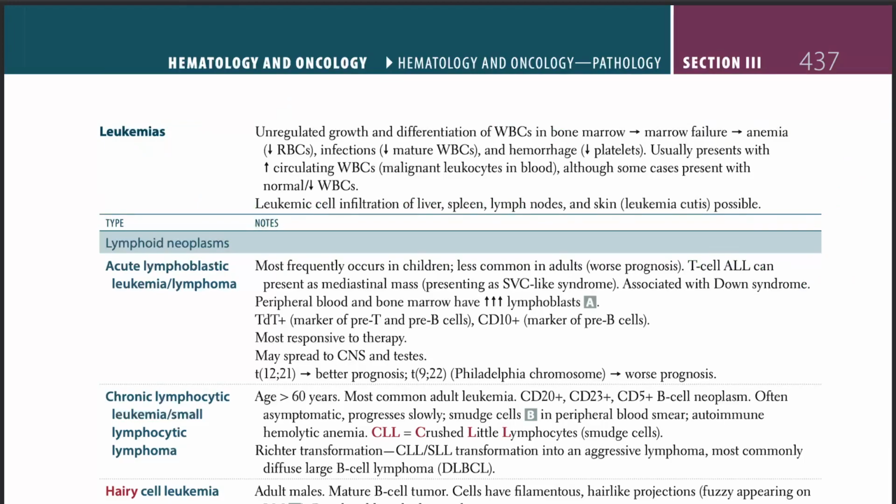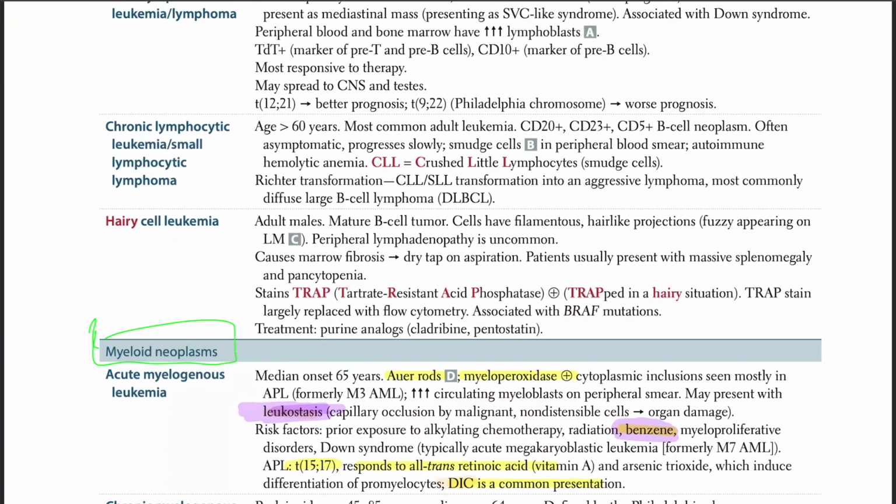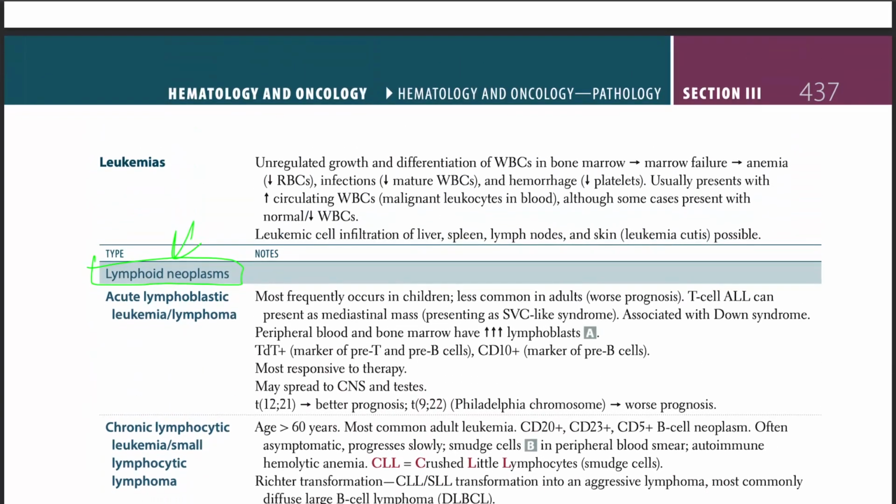Now let's talk about the types. We have the lymphoid neoplasms, and we have the myeloid neoplasms. Let's talk about the lymphoid. The first one we have is ALL, acute lymphoblastic leukemia lymphoma. It most frequently occurs in children and is less common in adults.